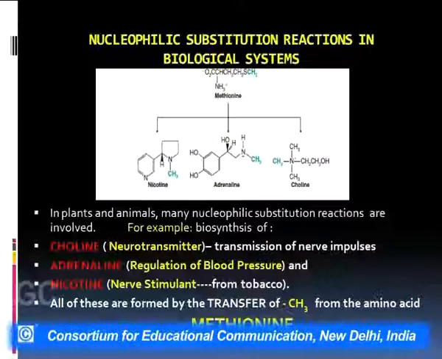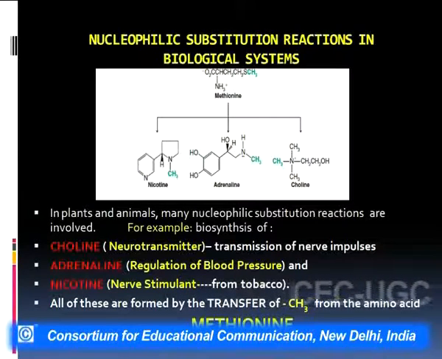Now I would like to switch to nucleophilic substitution reactions in biological systems. Nucleophilic substitution reactions form a very important part in biological systems. They seem to be very complicated reactions, but they are quite simple, and you will see how important they are.